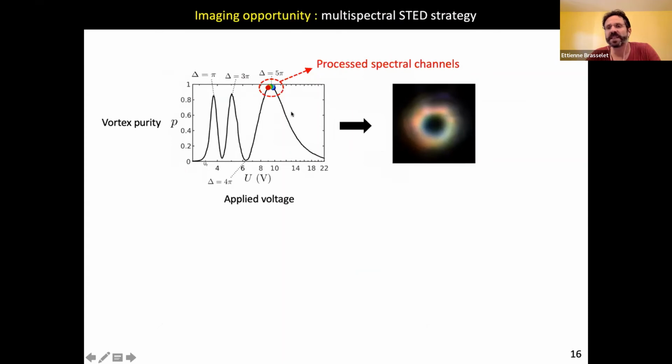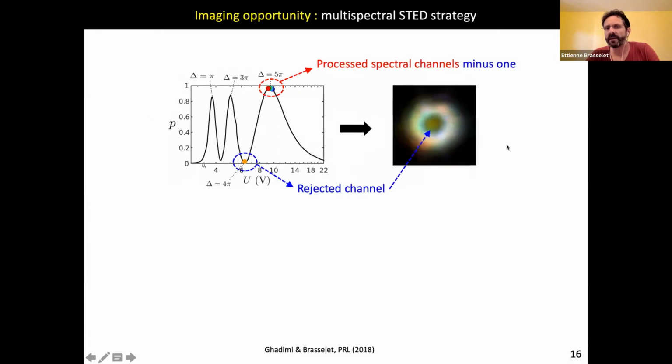If with this system we process a set of discrete wavelengths to be fully processed, this means the polarity is maximum, the vortex is maximal, and this is a half wave plate condition. It's an odd number of pi as a phase delay, simply tuning the voltage. So you get this white light vortex.